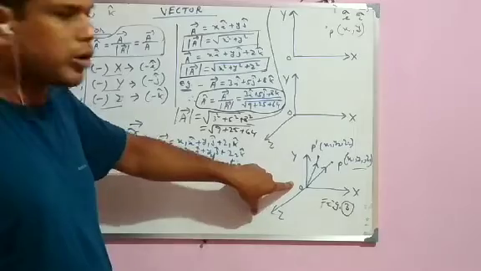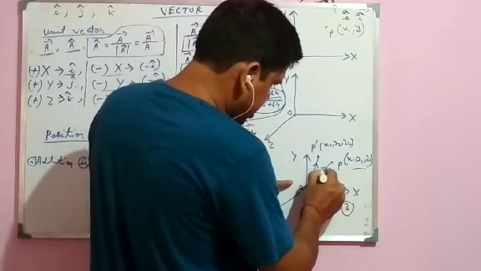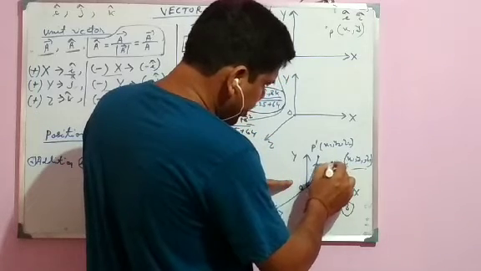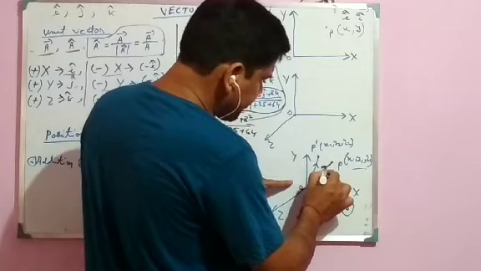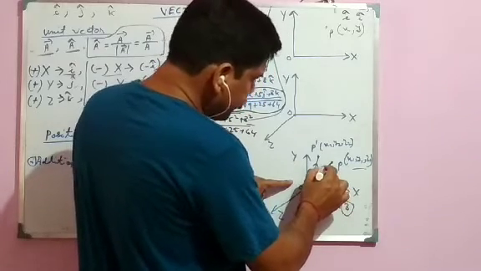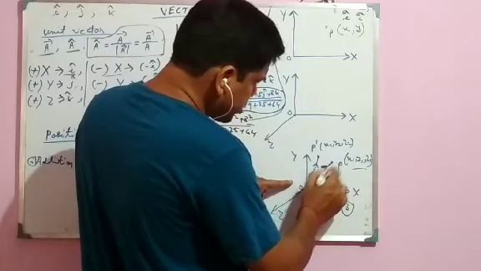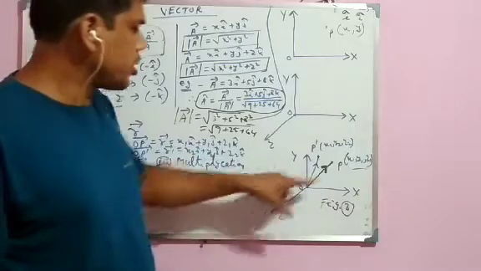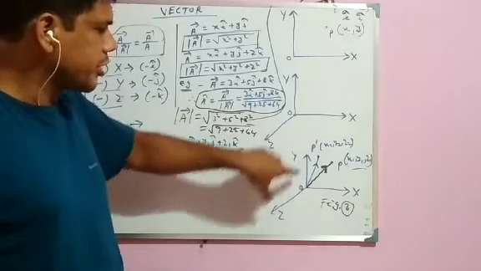So we have to draw a straight line like this, connecting the 2 points, P and O. If we put an arrowhead here, this OP gives you the position vector of point P with respect to origin O in the 3-dimensional system.